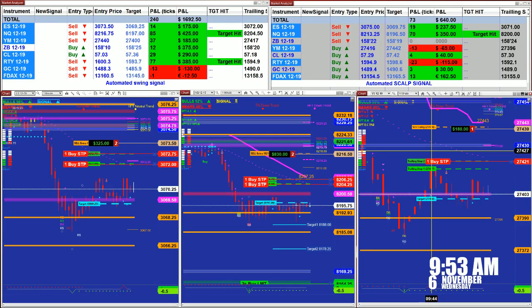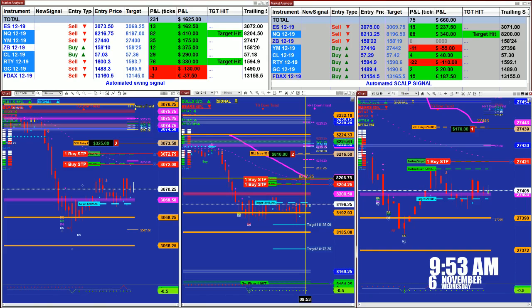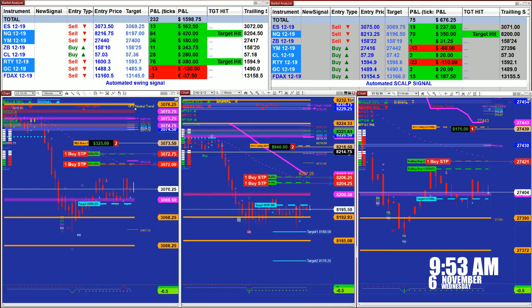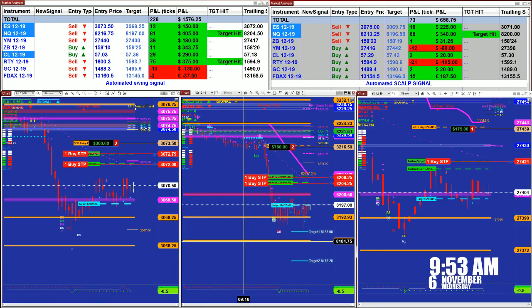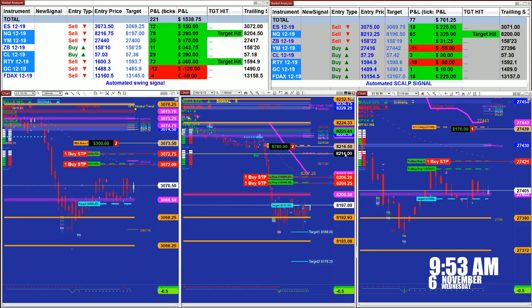right now the system is telling me the re-entry point on the NASDAQ is 8206.75. We do not just let the Autotrade take the trade. We can also give you, if you wanted to jump into one more round on the trend, the numbers where you need to re-enter the market.